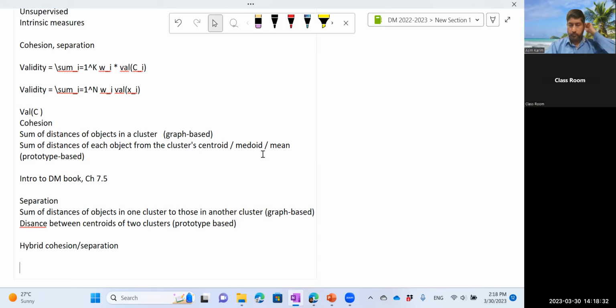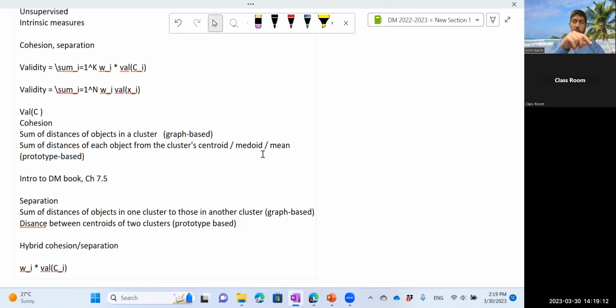Usually, as we wrote earlier, a weight times validity, you can think of a hybrid as one measure being cohesion, and the weight brings in the concept of separation, and vice versa.